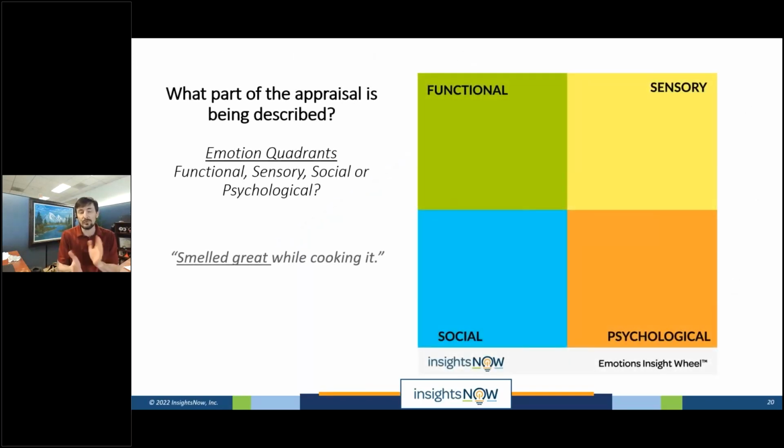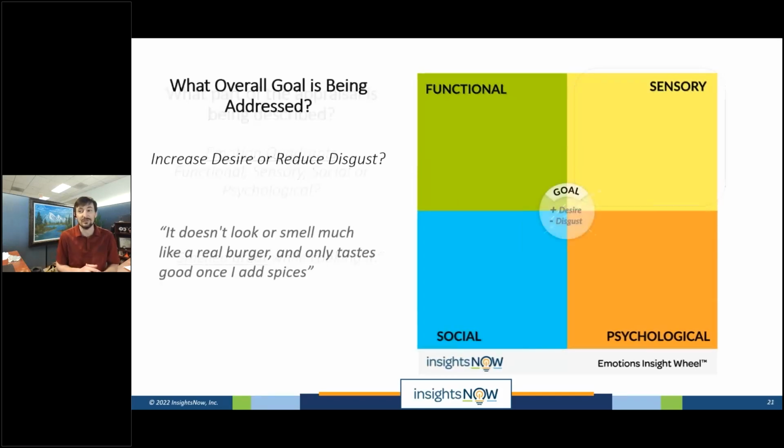If we go through the spaces and start breaking this down, she's got the quote, smelled great while cooking. Well, what area is that? Is that a functional property? Is it social? Is it psychological? Is it sensory? I think it's pretty obvious that this one is a sensorial experience. Is this more desire or reducing disgust?